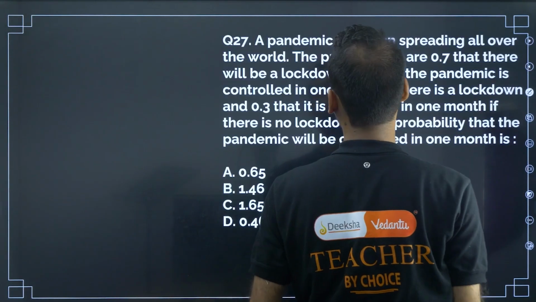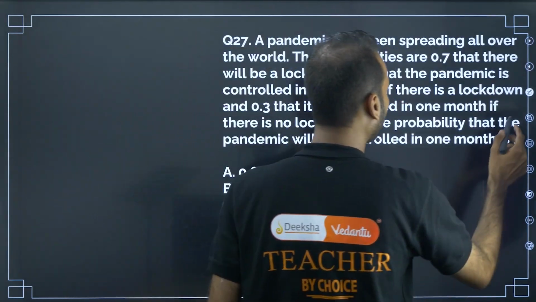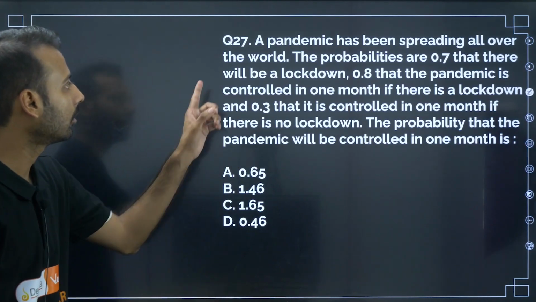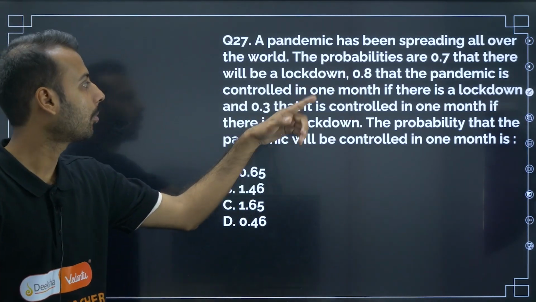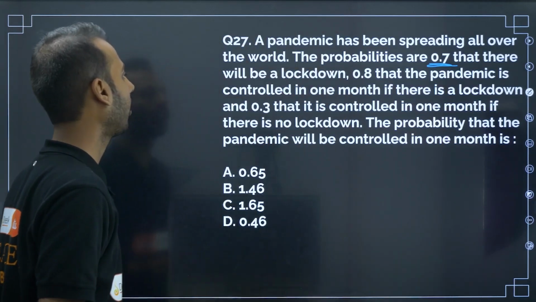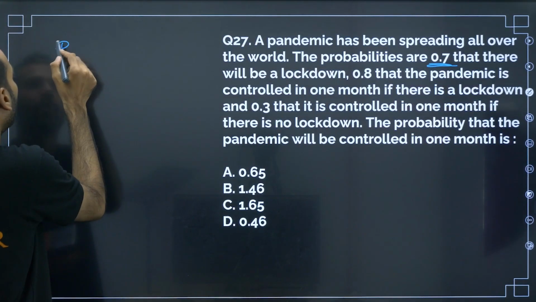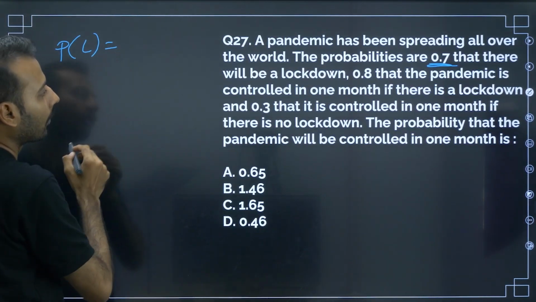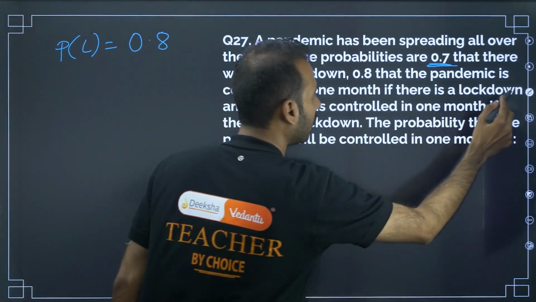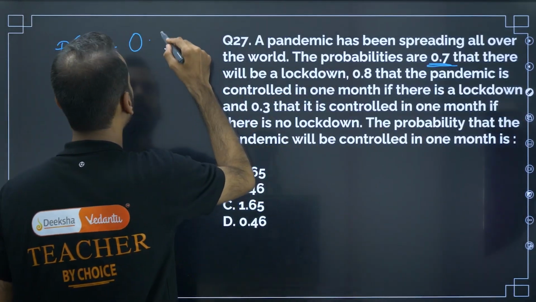Moving on to the next question. A pandemic has been spreading all over the world. The probability is 0.7 that there will be a lockdown.